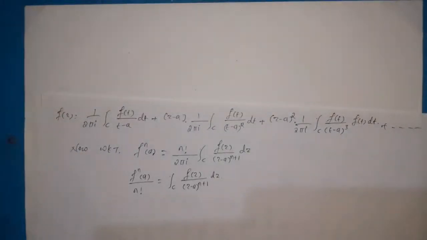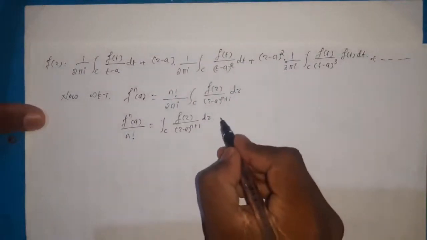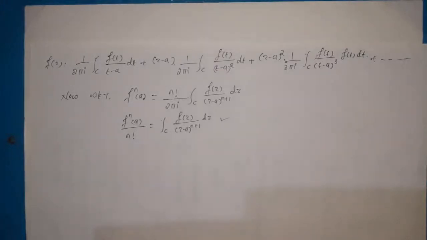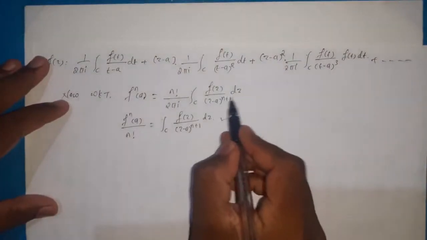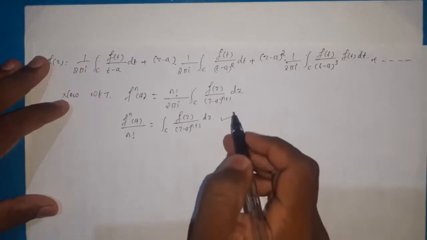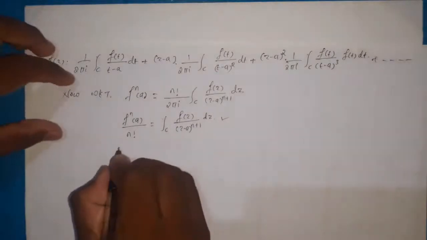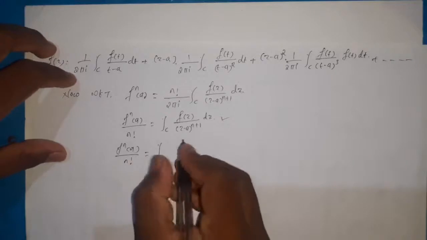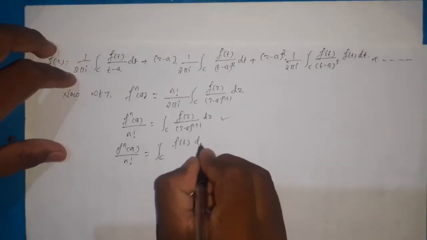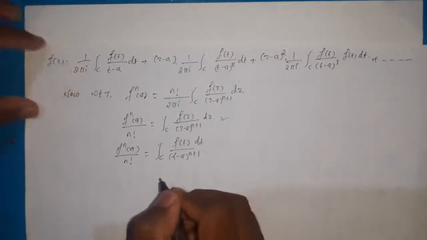So this is the generalized Cauchy's integral formula for derivatives. This formula is for the variable z, and the same can be written for the variable t. Therefore f power n of a divided by n factorial is equal to 1 by 2 pi i integration over c f of t dt divided by t minus a whole power n plus 1.